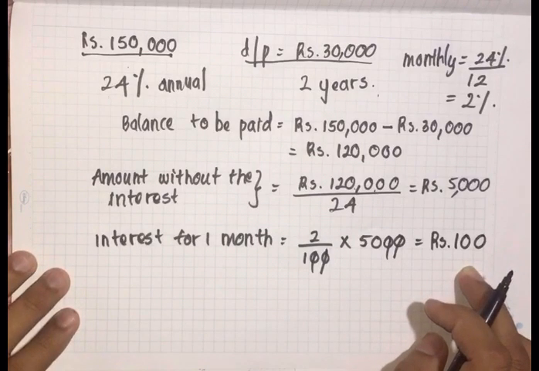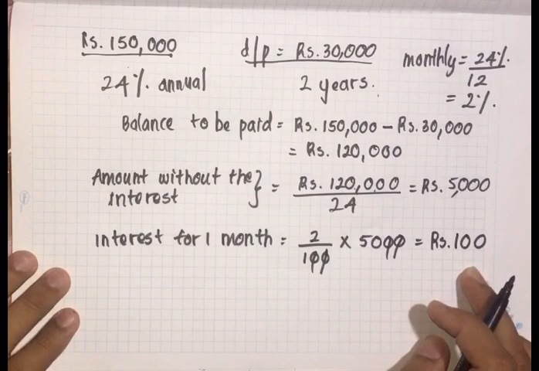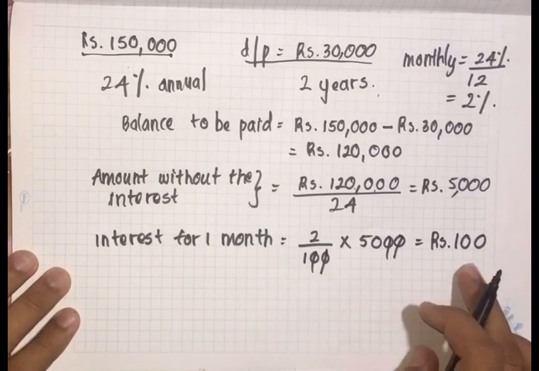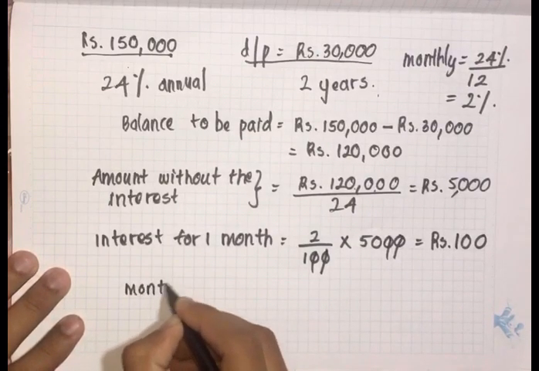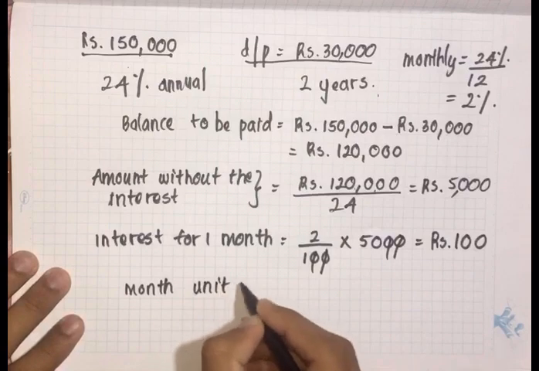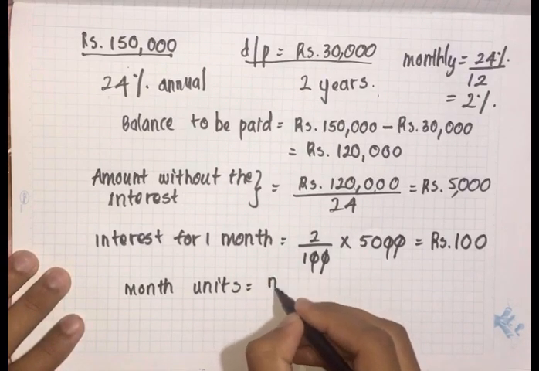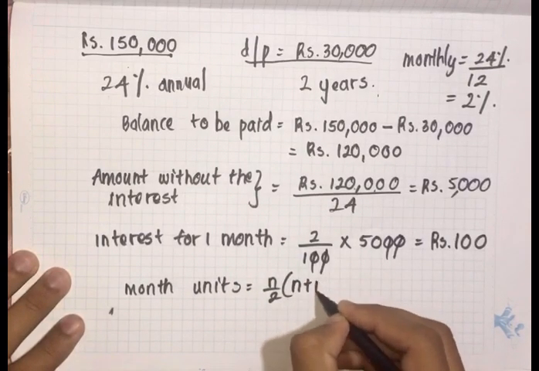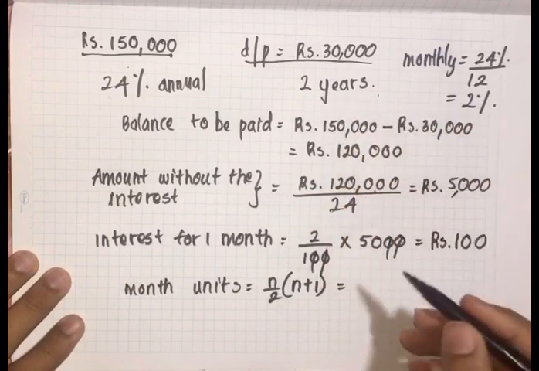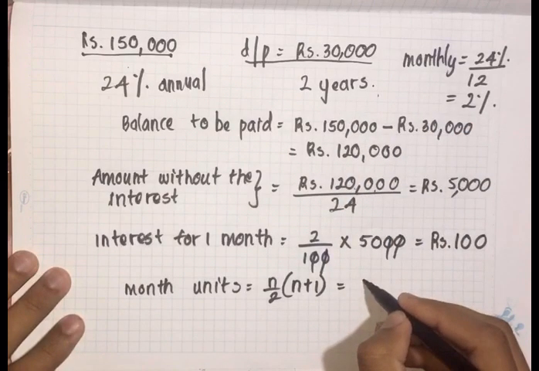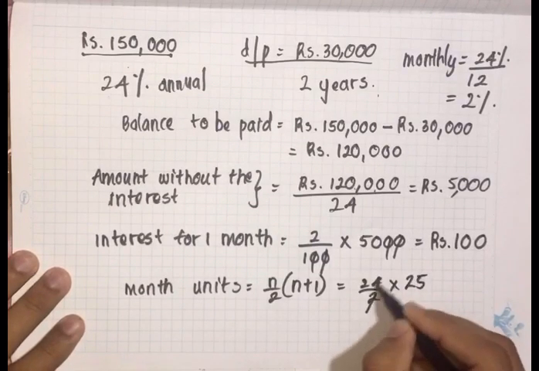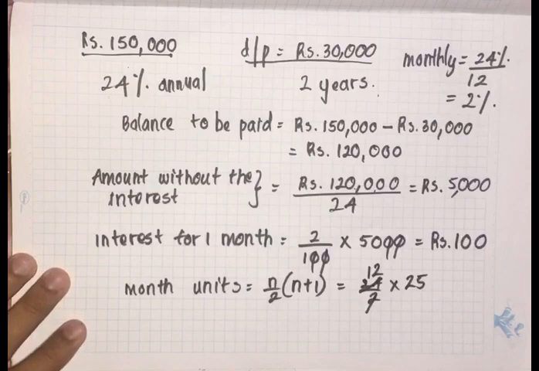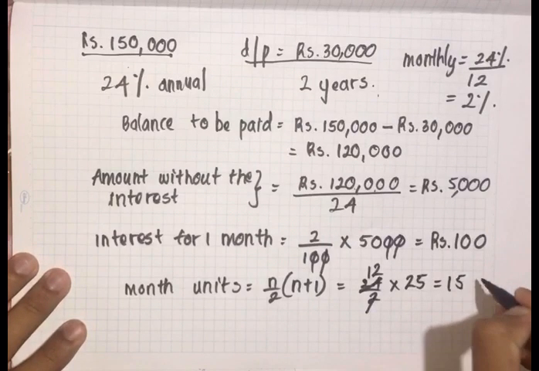Now in order to find the total interest to be paid, you have to find the total number of monthly units. How do we find it? n over 2 multiplied by n plus 1. Here n is 2 years, which gives 24. So 24 divided by 2 into 25, that is 12 into 25, which gives 156.